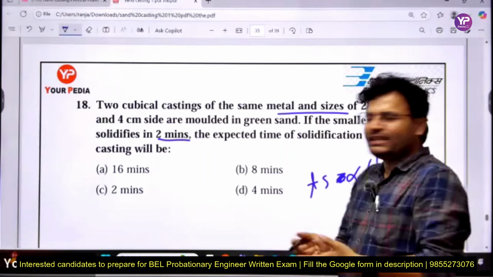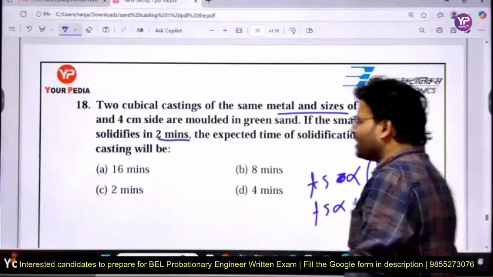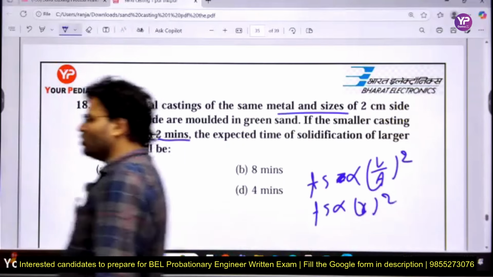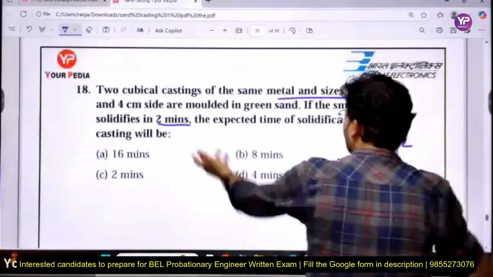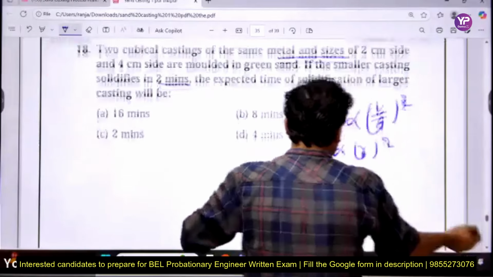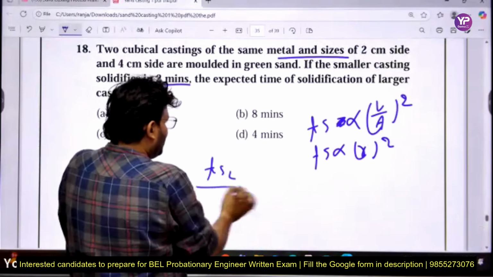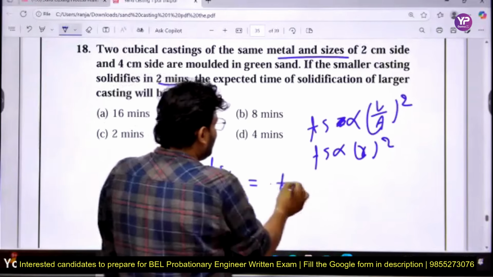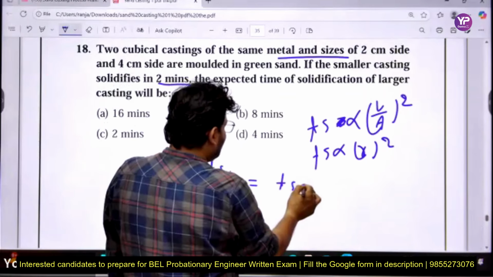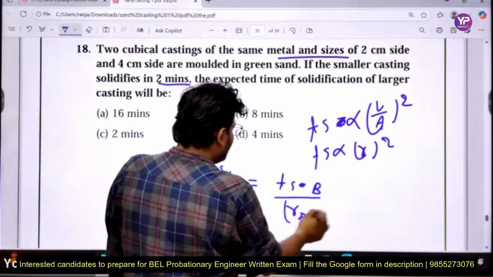From there, Ts is proportional to R squared. Now make the calculation: Ts smaller upon R smaller squared equals Ts bigger upon R bigger squared.